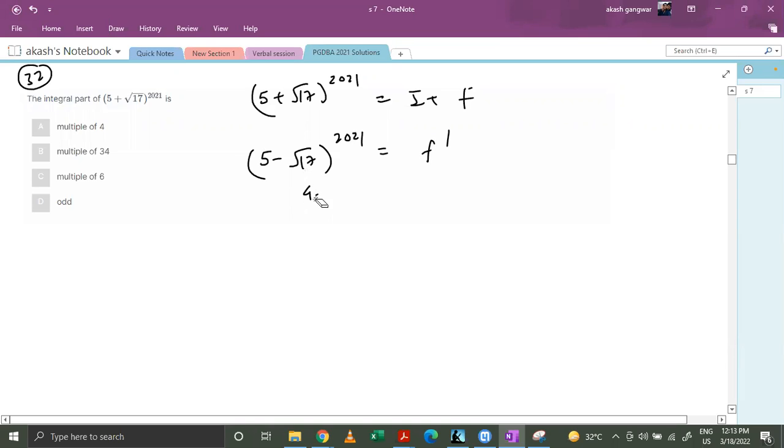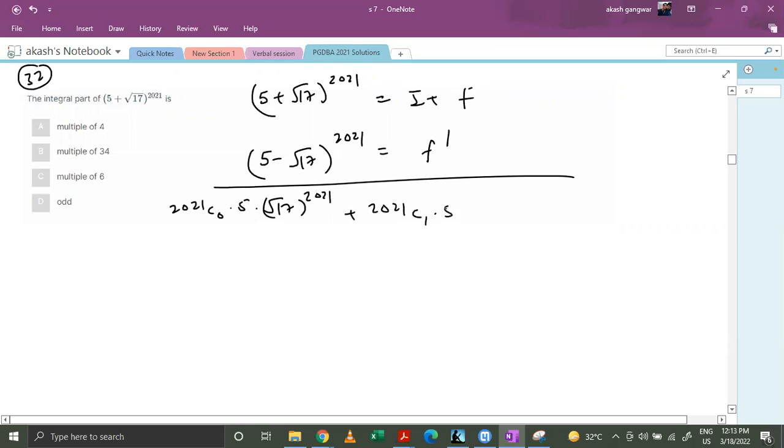Now what I'll do, I'll try to add up. I can see that things are getting cancelled out because of the binomial expression. When I open that binomial expression, let's try to sum it up. So the first term will be 2021 C0 dot 5 dot root 17 raised to power 2021, plus 2021 C1 dot 5.